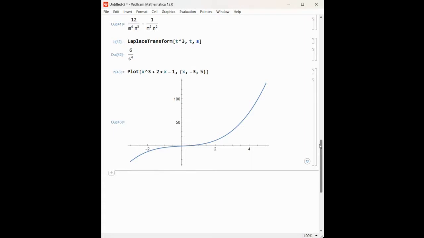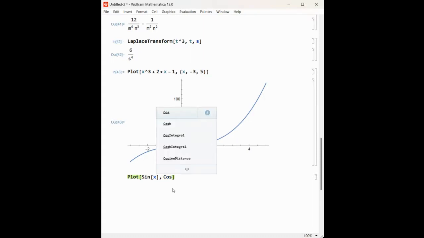Okay, but if we have several functions, but they are single functions of one variable only, but several of them. For example, we have sine x and then cosine 2x.